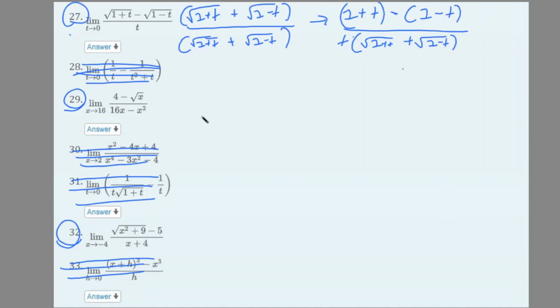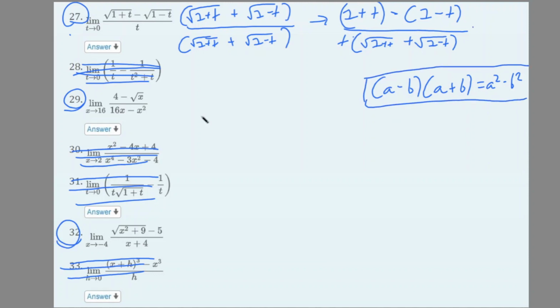Now on the top, that is possible because you have to remember one little formula: a minus b times a plus b is always equal to a squared minus b squared. That's a really important thing to remember.